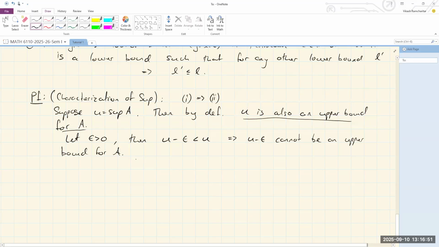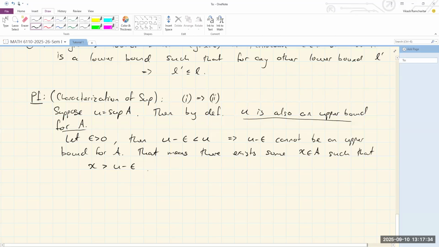If U minus epsilon is not an upper bound for A, that means there's some element of A which is bigger than it. Because if there's no element of A bigger than U minus epsilon, then U minus epsilon would have been an upper bound. But I'm saying it cannot be an upper bound. So there exists some x belonging to A such that x is bigger than U minus epsilon.